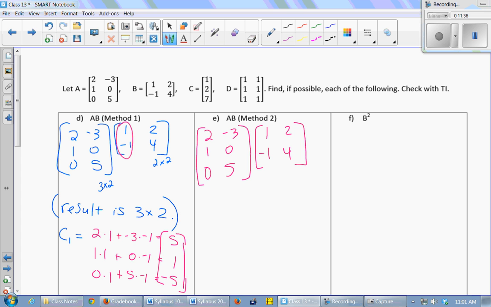So here they call this the row column rule. So I'm going to take each row of matrix A, multiply it by each column of matrix B. I have to go systematically, and I'm going to start with the first row of matrix A, multiply it by column 1, then column 2 of matrix B, and that's going to form the first row of the resulting matrix.